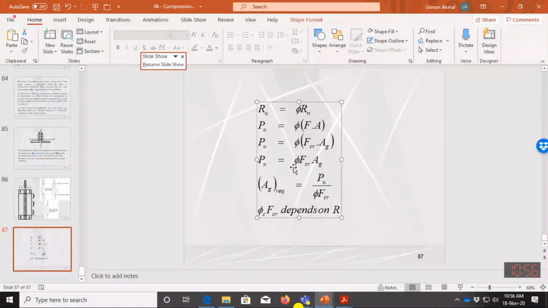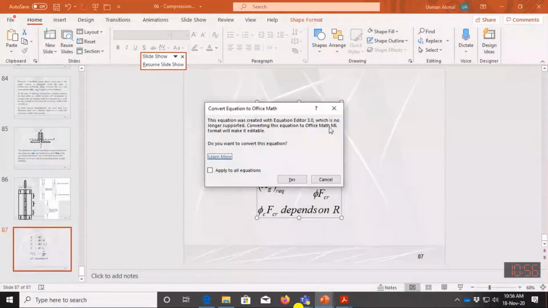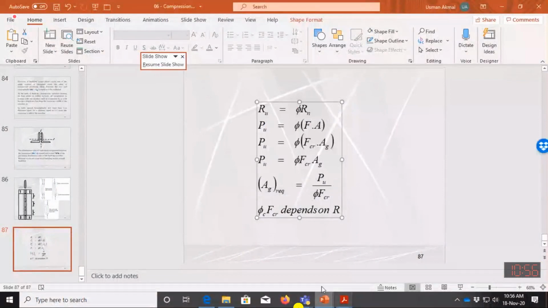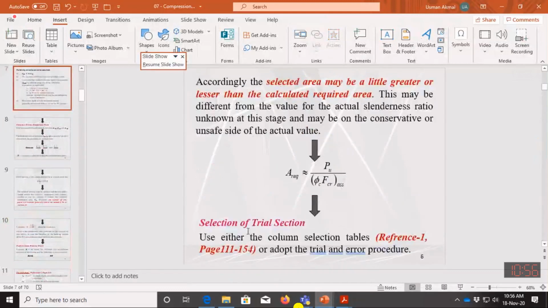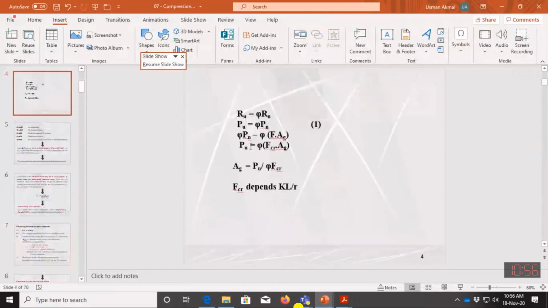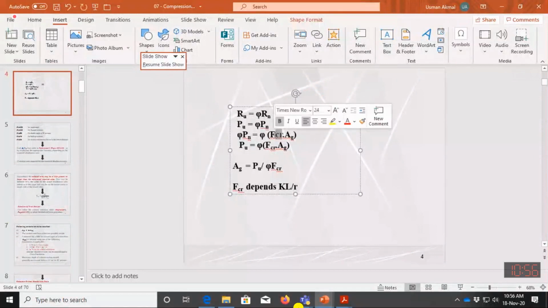So the capacity, phi Pn, of a W section is a function of Fcr value into the gross area.